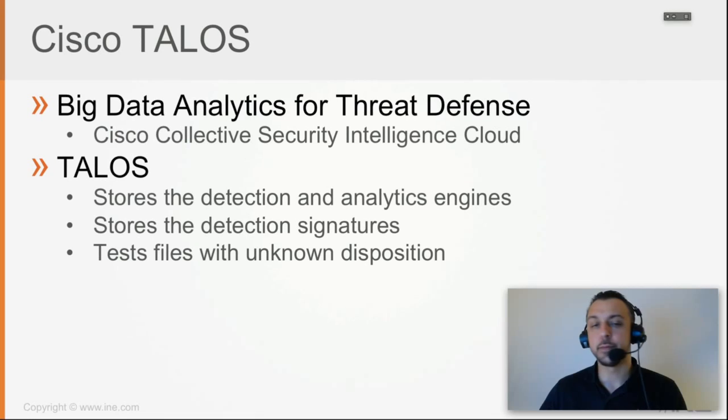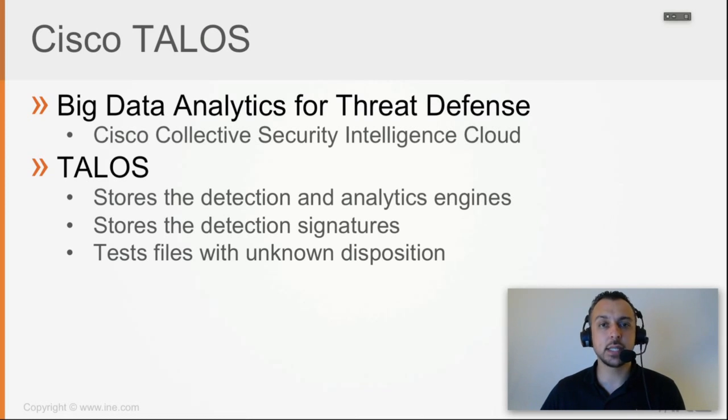So when AMP, either on the web appliance, on the email appliance, on the firewall, or on the endpoint, sees a file being downloaded, if that file is not known malware, then it's going to upload it to the cloud. So the cloud is going to be able to detect, based on its intelligence and through advanced sandboxing techniques, if this is clearly malware but was unknown before.